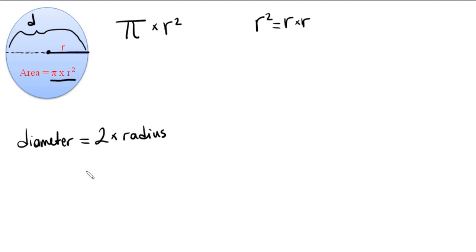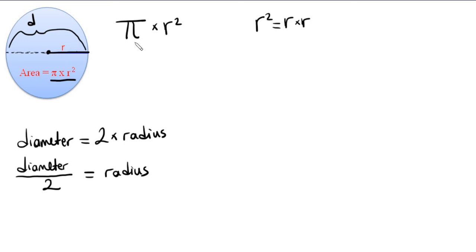If the diameter is given in the question, then you can divide the diameter by 2 to get the radius. After you find the radius, you can find r squared, and then multiply that by pi.